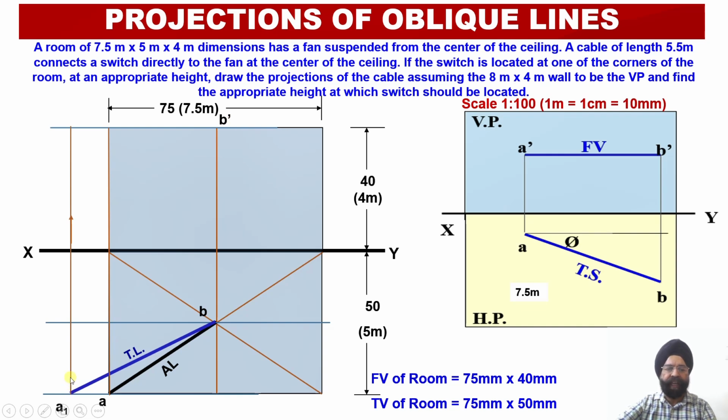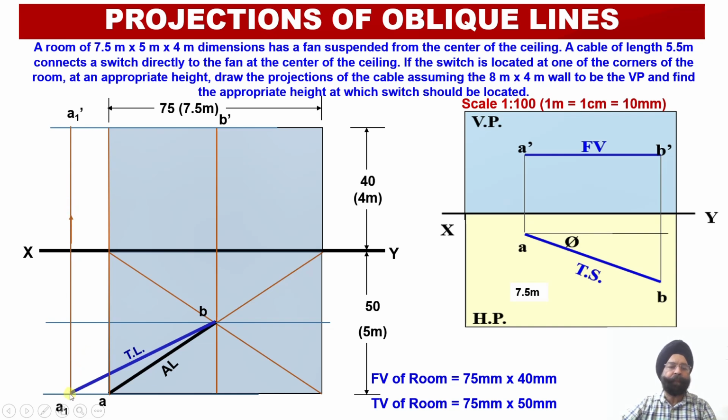Through this point A1, I have drawn a vertical projector upwards till it meets the horizontal locus line corresponding to the point B dash. So this was point A1. So corresponding point in the elevation which I am going to obtain, this point name will be A1 dash. So from projection of points, point A1 dash and point A1, they will be lying in one vertical line.